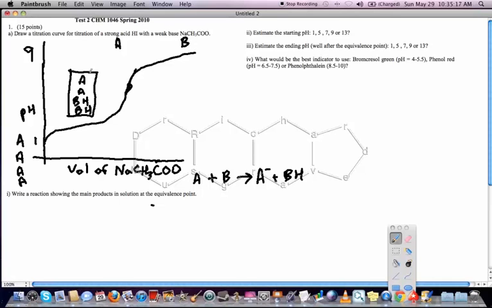So what we've got here is A, which is a strong acid, and BH, which is a weak acid, the weak conjugate acid of this weak base. So all we've got present here at this point would be strong acid and weak conjugate acid, and this is not going to constitute a buffer region, so this one will not have a buffer region. And again, I want you to go back to my mini lecture on whether a buffer region will occur to understand this point. Alright, so no buffer region in this one.